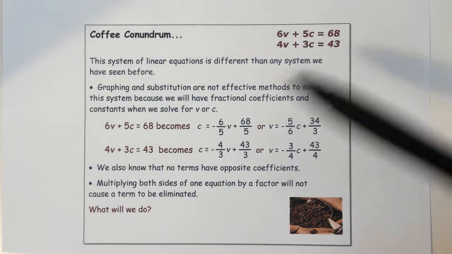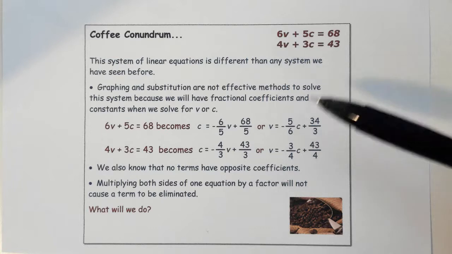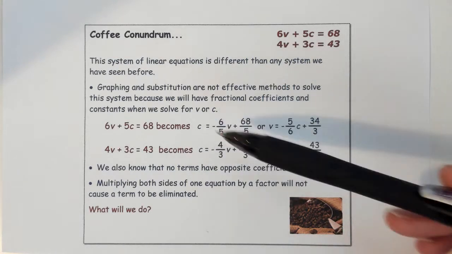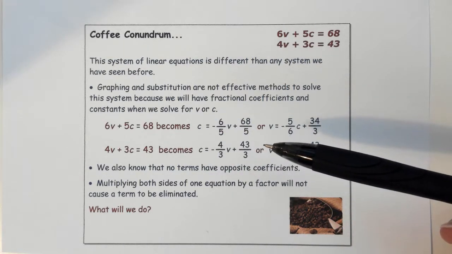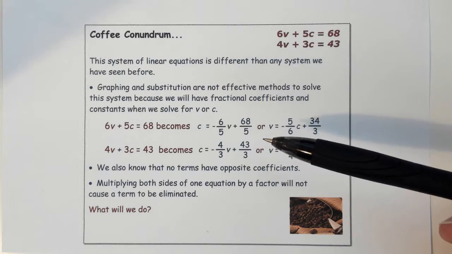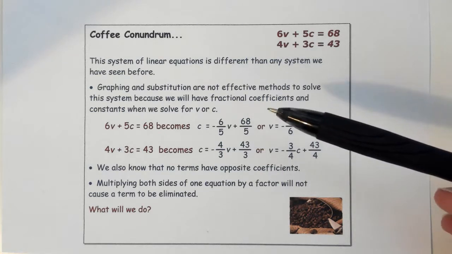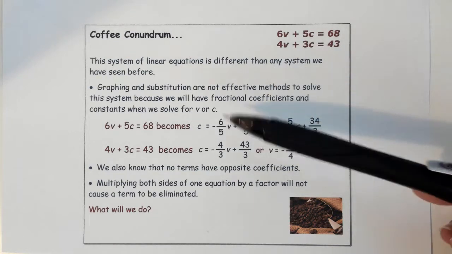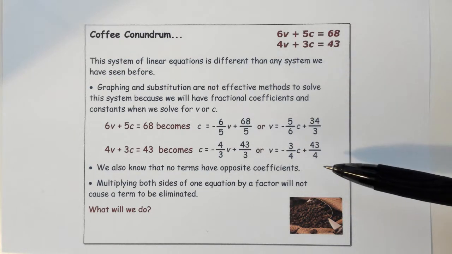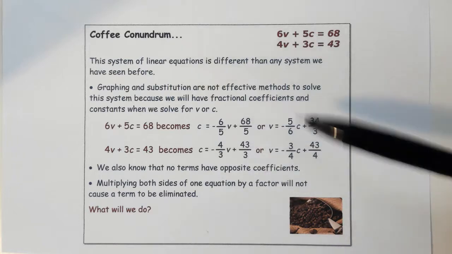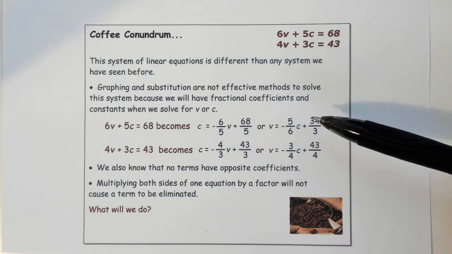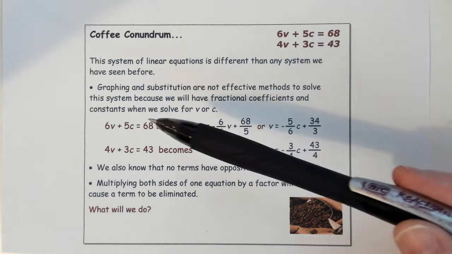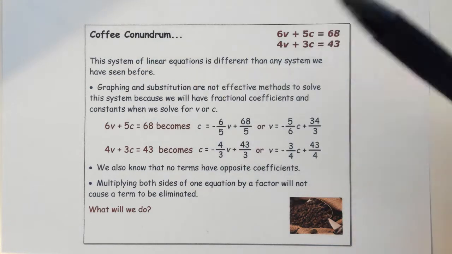Graphing and substitution are terrible methods because some of you tried this on the last test when doing straight substitution. You wrote everything in slope-intercept form, and it was horrible because you ended up with all these crazy fractions, and then it becomes so difficult to solve. If you try to put it in slope-intercept form, first of all, which one's x and which one's y?